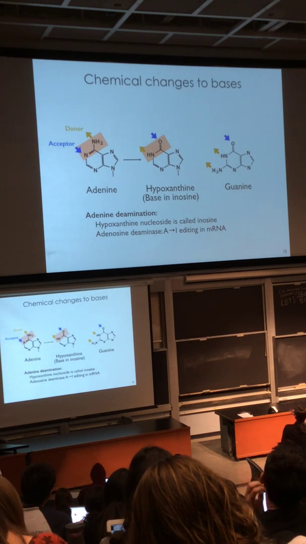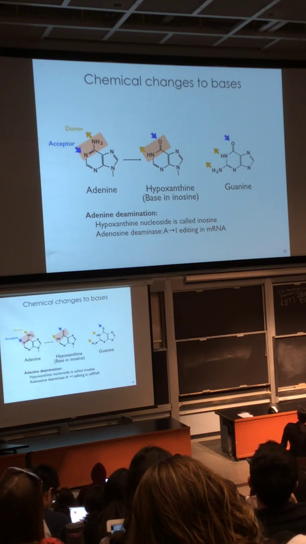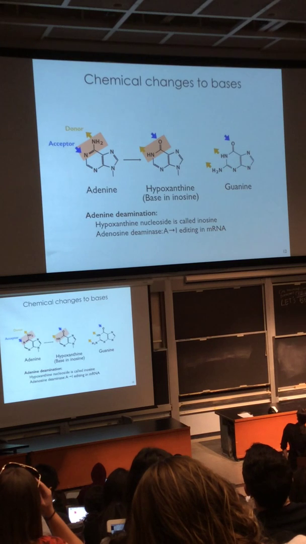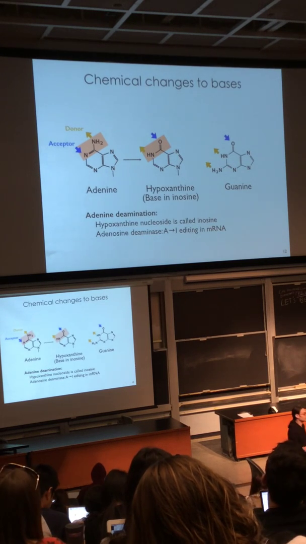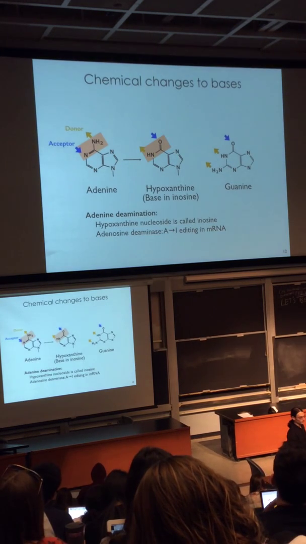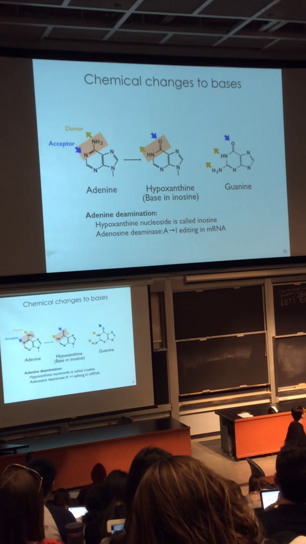This is the adenosine deaminase that can change adenines in RNA, and it can happen as a result of exposure to certain chemical mutagens that make this reaction occur more quickly than it would in the uncatalyzed way.